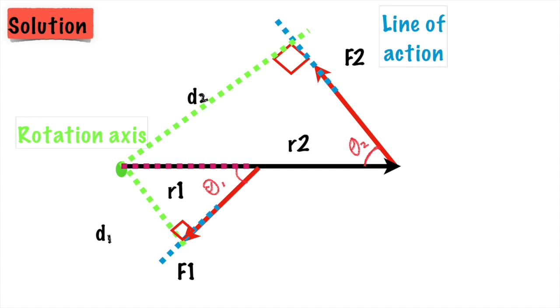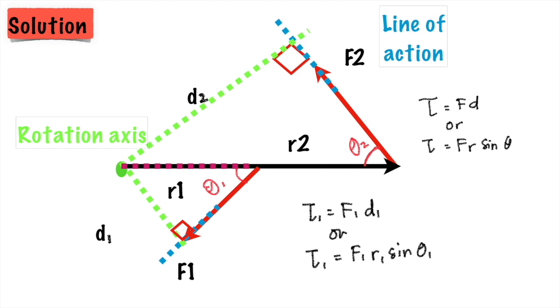We know that torque is equal to Fd, or torque is equal to Fr sin theta. Theta is the angle between F and R. For force 1, torque 1 is equal to F1 d1, or torque 1 is equal to F1 R1 sin theta 1. For force 2, torque 2 is equal to F2 D2 or torque 2 is equal to F2 R2 sin theta 2.